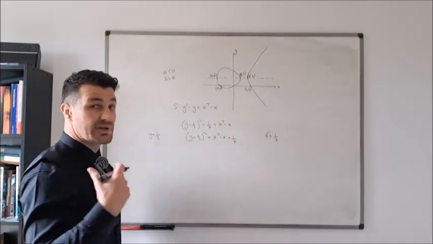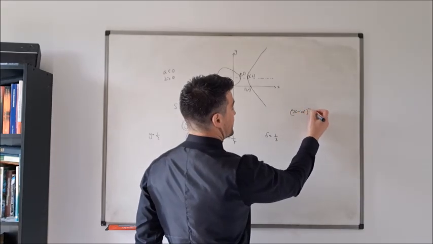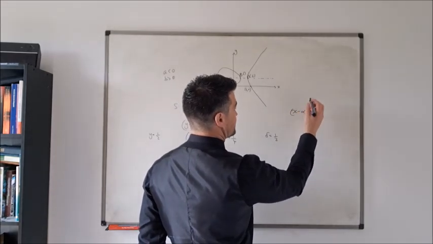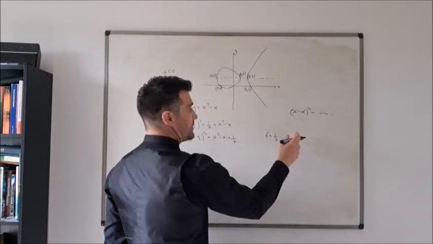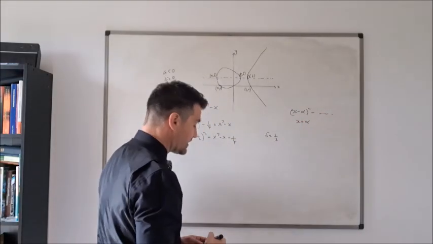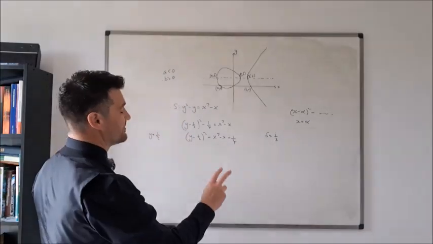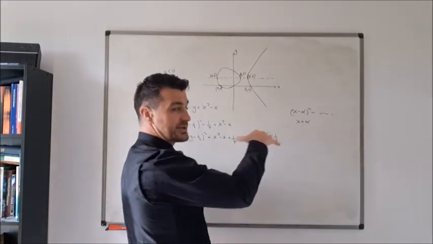Think about when you complete the square, right? So x minus alpha squared minus whatever. What's the line of symmetry? It's x equals alpha, right? That's the line of symmetry. Well, we haven't completed the square on a quadratic expression involving x here.